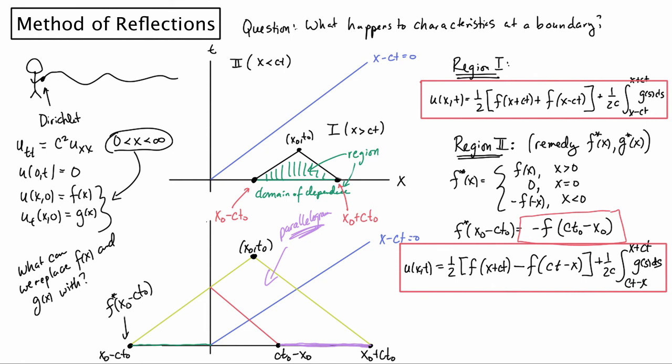And in this case, we needed to use the odd extension in order to accomplish this. Now, we're going to talk about in class why the odd extension, but here's sort of the question that I want to leave you with.